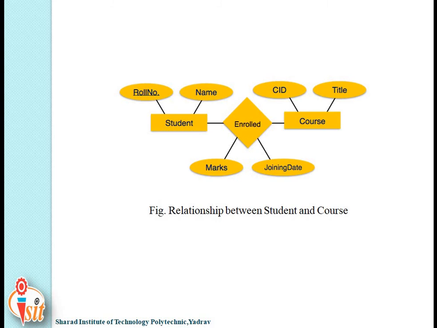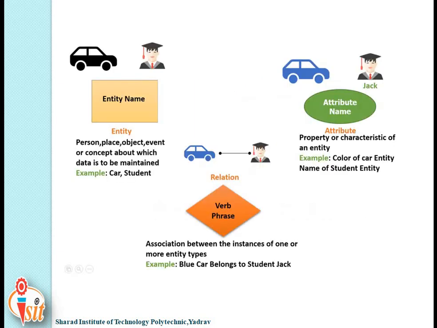Here student is an entity and course is an entity, represented by rectangles. The attributes of student are roll number and name, and the attributes of course are course ID and title. The relationship between student and course is the enrolled relationship. This is known as a relationship between student and course.